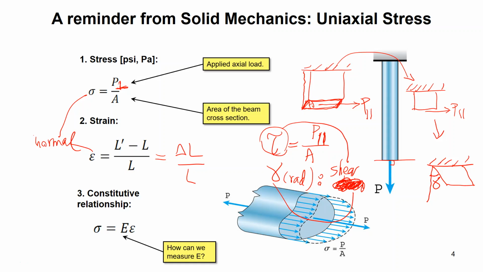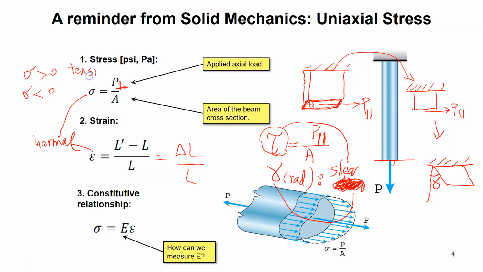But one last thing I wanted to mention is the sigma, the normal stress. If this force P is outward, in other words, it is creating tension or tensile, then the sigma is considered positive. If force P is inward and pushing the part in, creating a compression, then the compressive stress we show with negative.